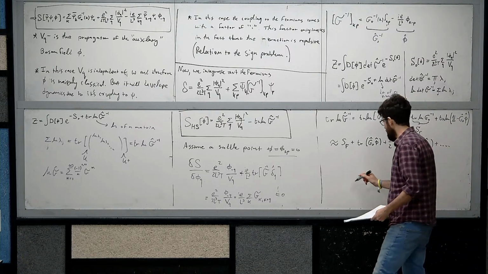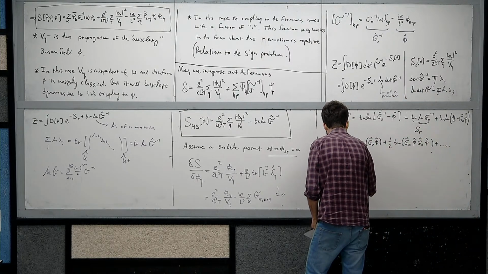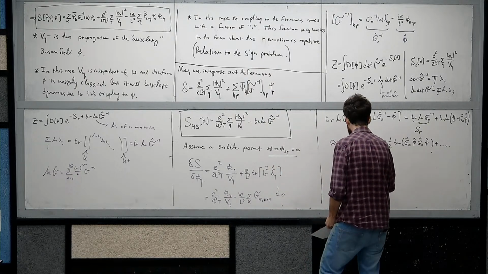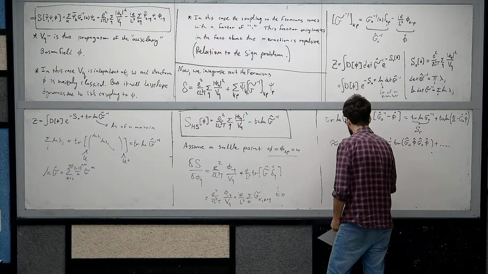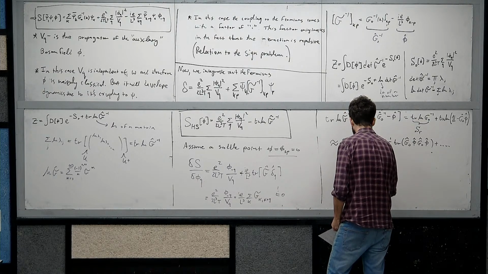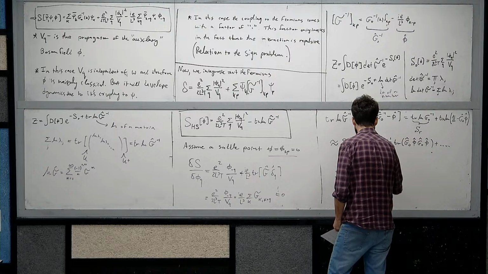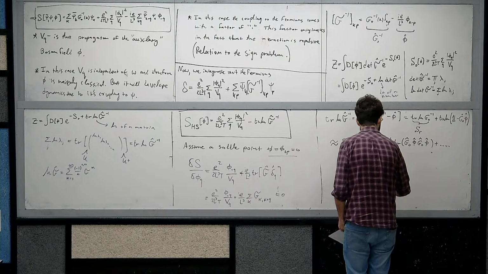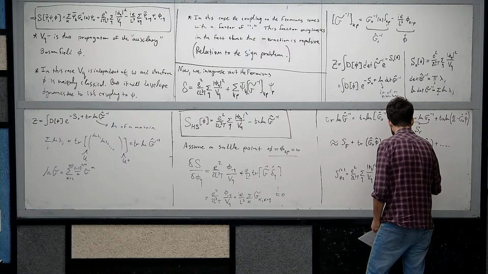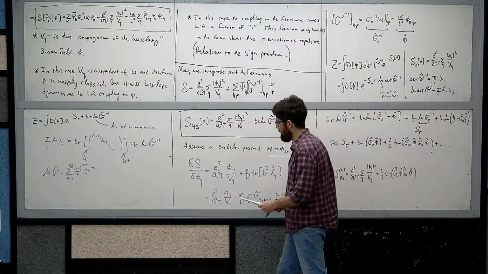I'm going to write S2 of Hubbard-Stratonovich is actually e squared over 2L cubed T sum over Q phi Q squared over VQ plus 1/2 trace of G naught phi G naught phi. Okay, that's what I wanted to write.